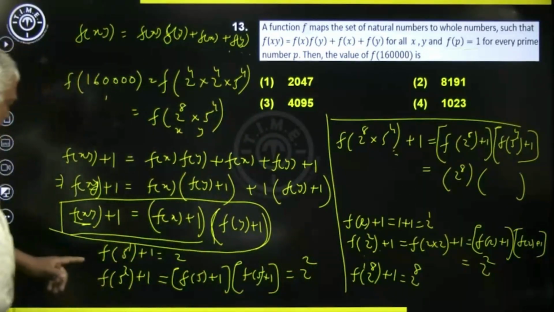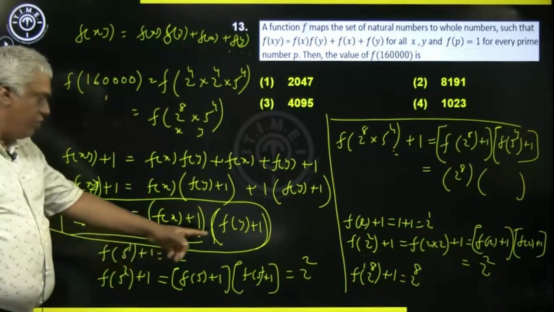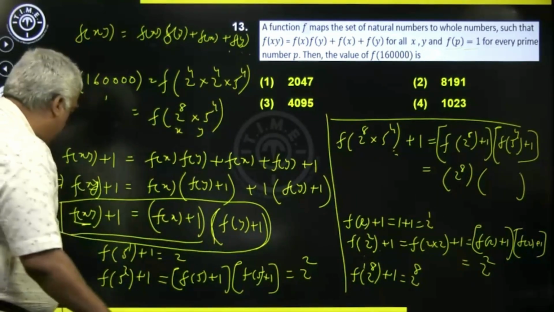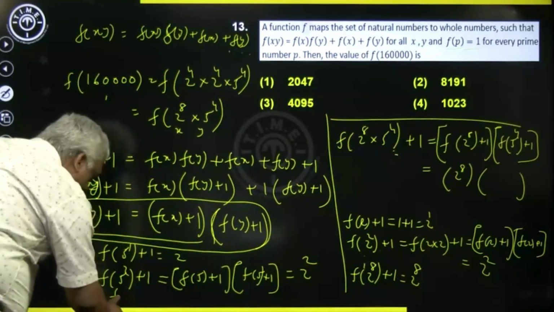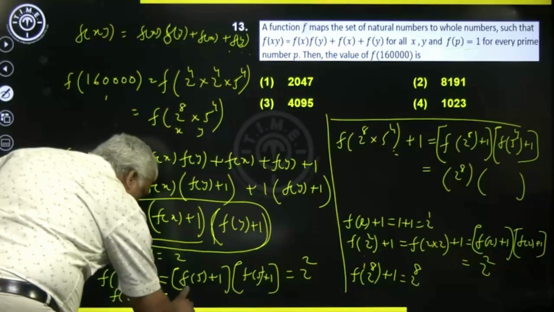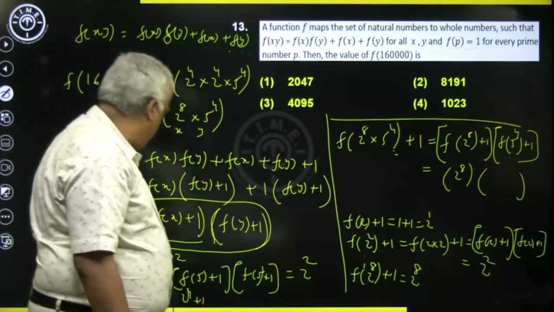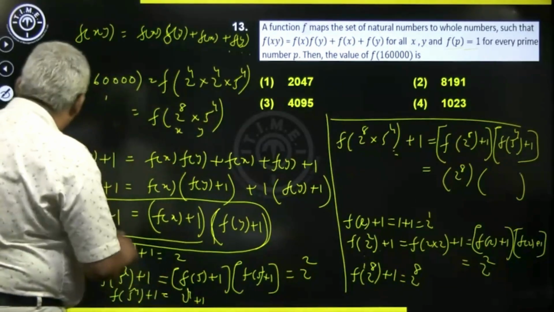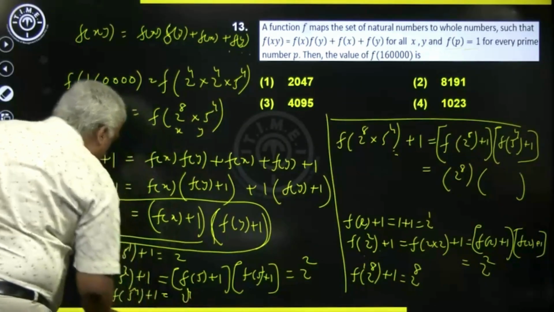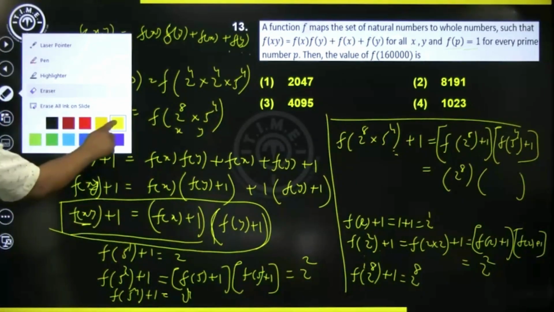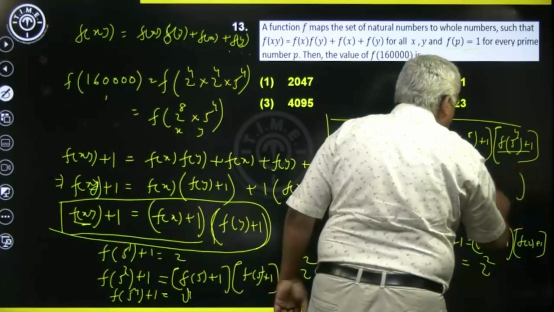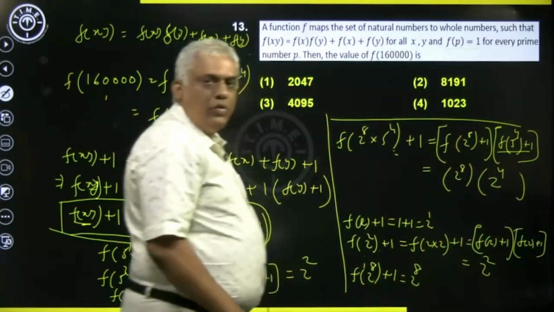In the same way, f of 5 to the power 3 plus 1 will be 2 to the power 3. So, f of 5 to the power 4 plus 1 will be 2 to the power 4. Sorry, I made a mistake, it is just 2 to the power 4.